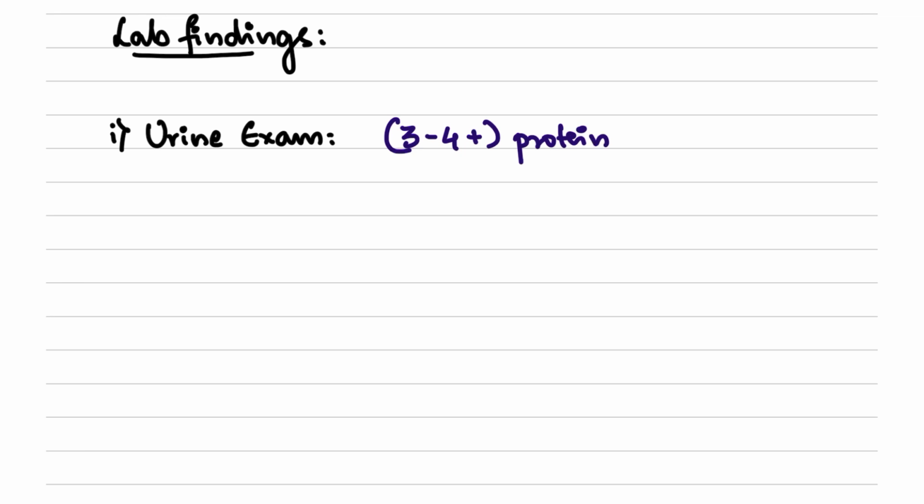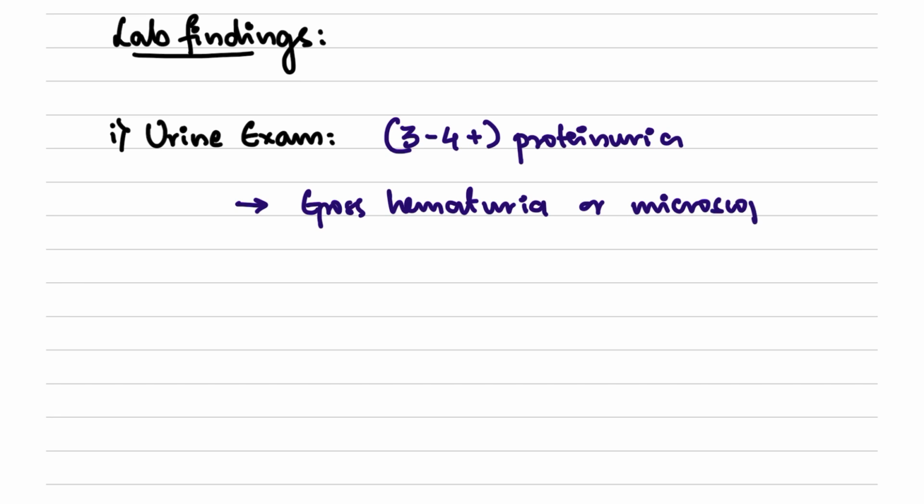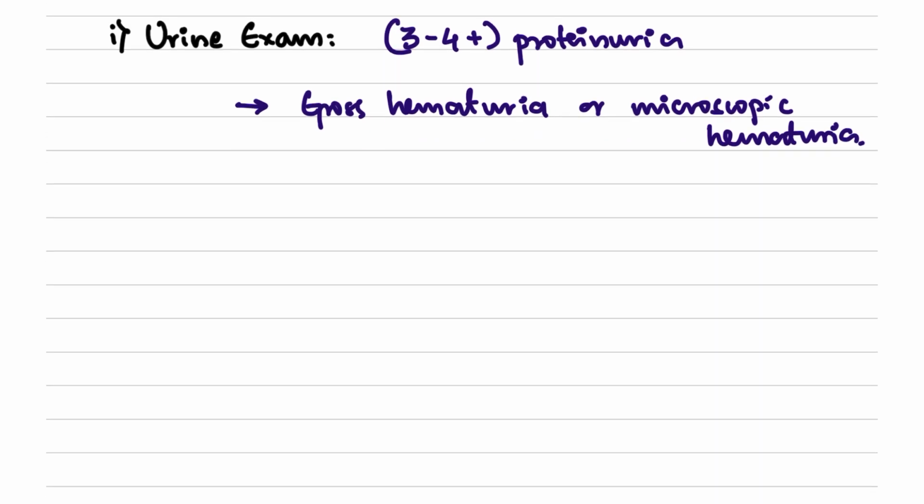We can also see gross hematuria, or we can see microscopic hematuria when we do urine routine and microscopy. In the urine routine and microscopy, we can also see hyaline and granular casts.